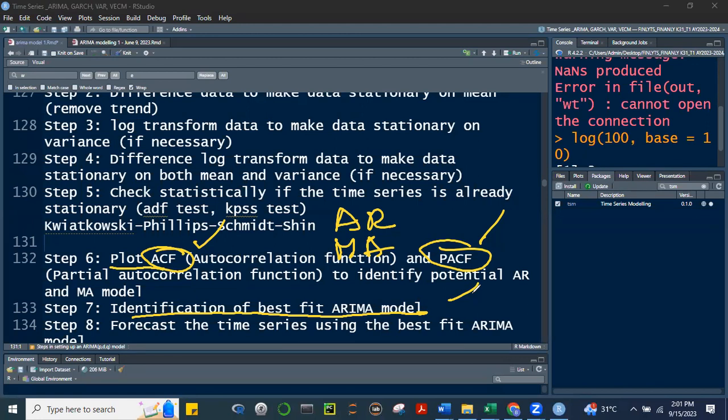For example, if I thought this is an AR1 process, I compute the equation for AR1. Then maybe it's an AR2 process, so I compute for AR2, and then I compare which model is better. Or what about MA? Is it an MA process?